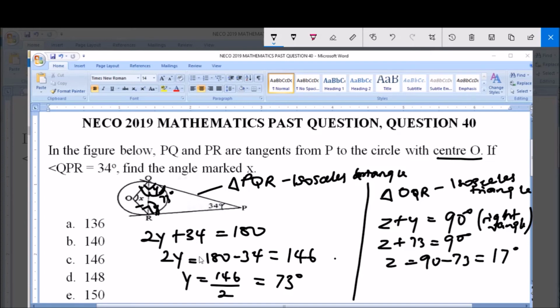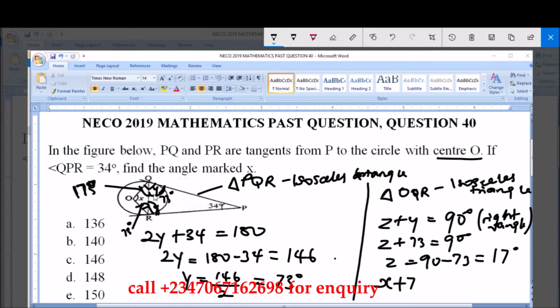Remember, the base angles of an isosceles triangle are the same. Since this angle here is 17 degrees, remember we subtracted 73 from 90 to give us 17 degrees, this angle here is also 17 degrees. So we can say X plus 17 plus 17 is equal to 180.